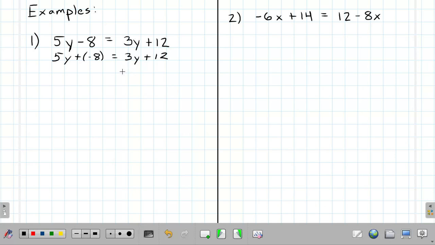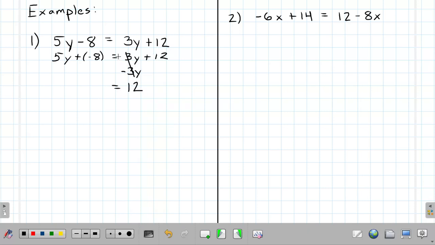What I'm going to suggest, just the way I like to solve equations, is to move my variable from this side to the left-hand side. If we have a positive 3y over here, we're going to subtract 3y. The point is those 3y's are going to go away, and we're going to be left with 12.